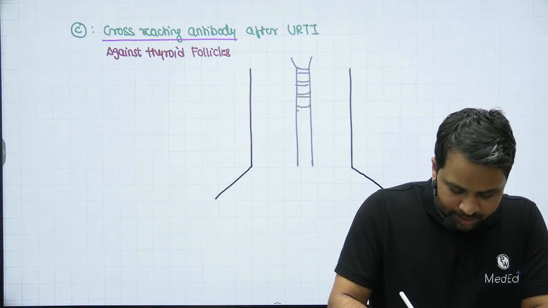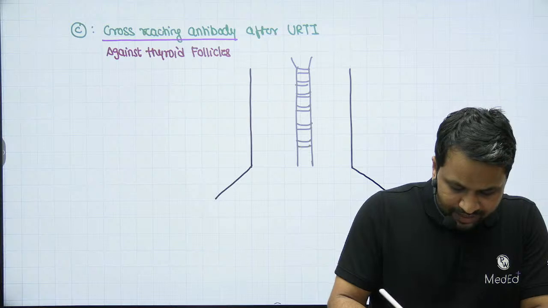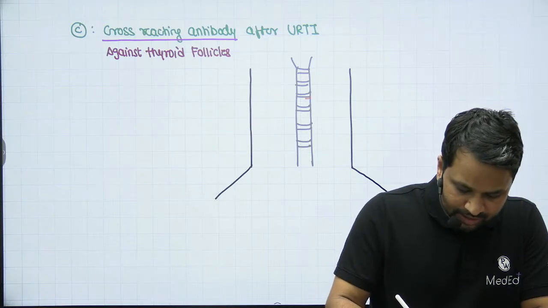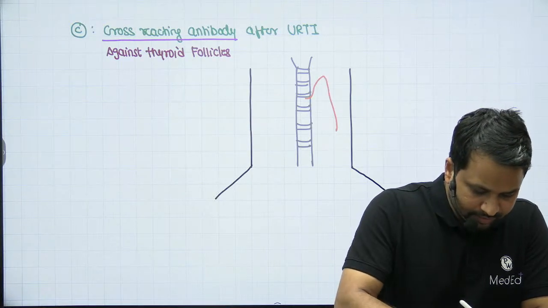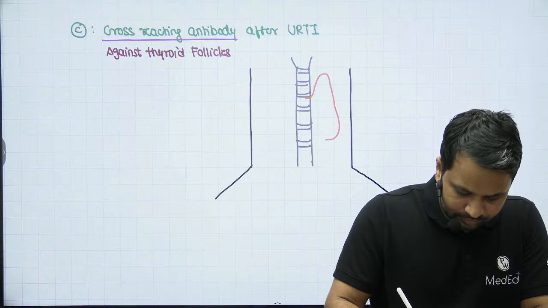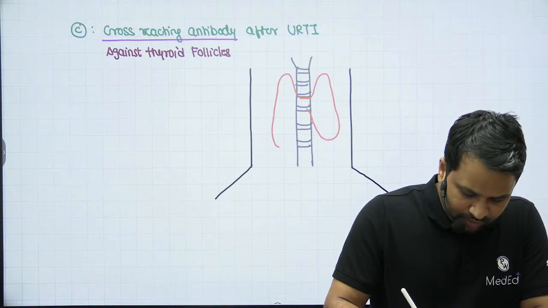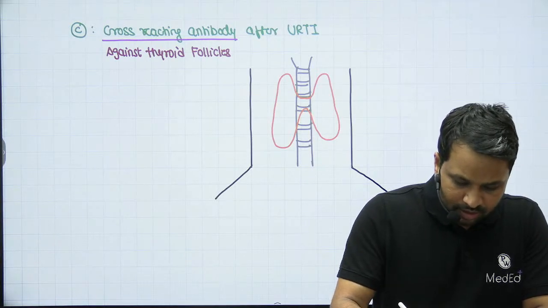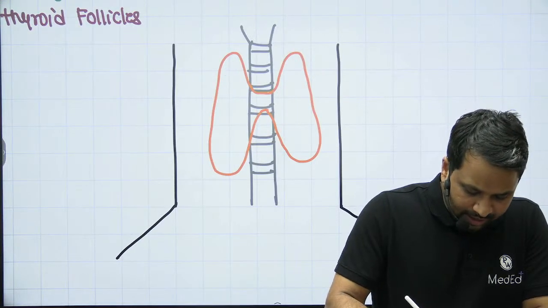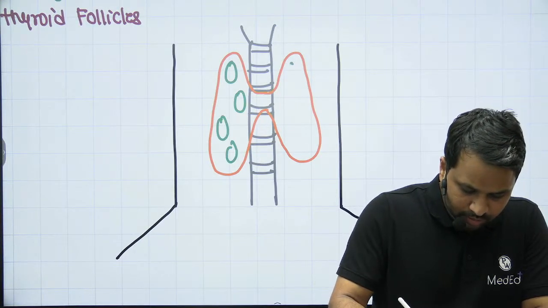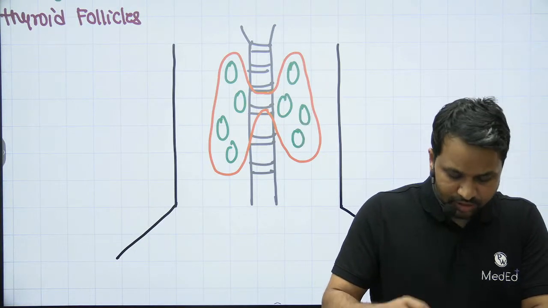Post upper respiratory tract infection, it is usually a viral infection. You see, this is the thyroid gland that we have present. Within the thyroid gland, these are the thyroid follicles which are going to be present.